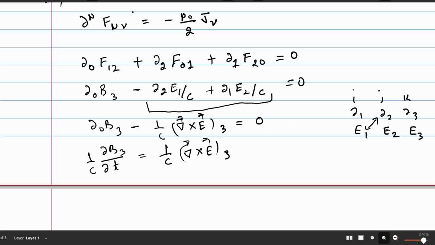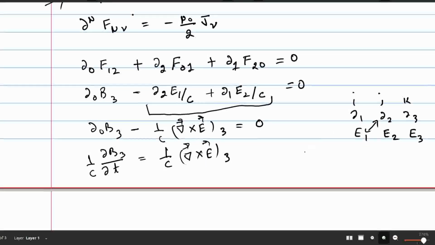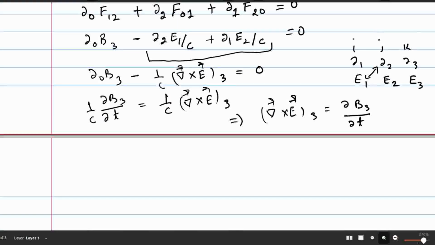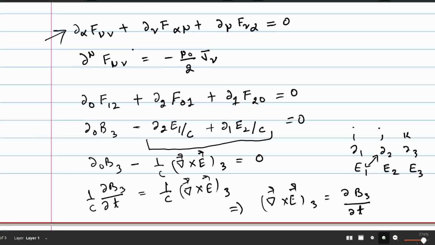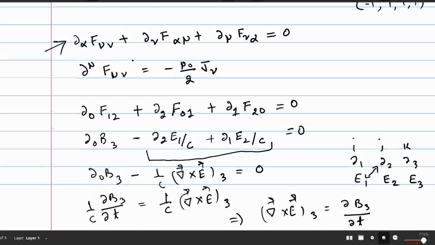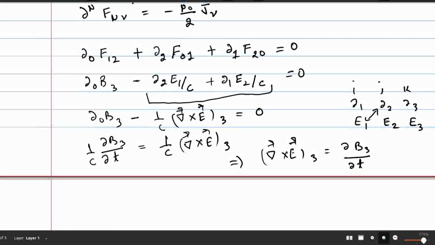So this equation implies curl of E third component equals del B3 by del T. Hence we get the third component of this equation, but we are getting a wrong sign here.